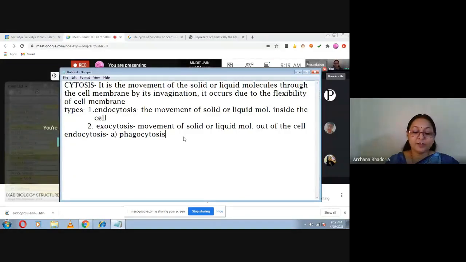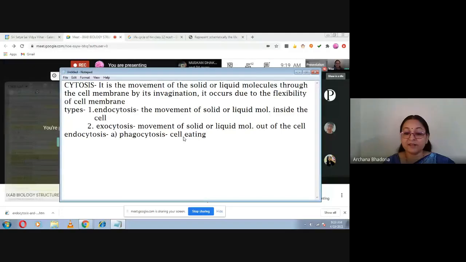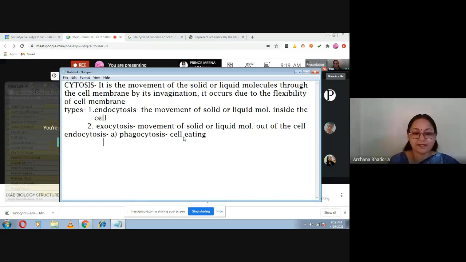So remember, simply, cell eating. What is it called? Cell eating. Ma'am, it is the process of digestion in cells? Digestion is a different thing.